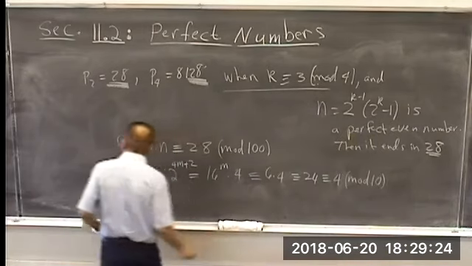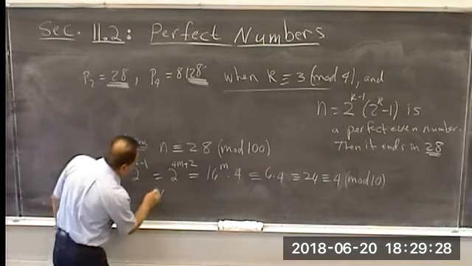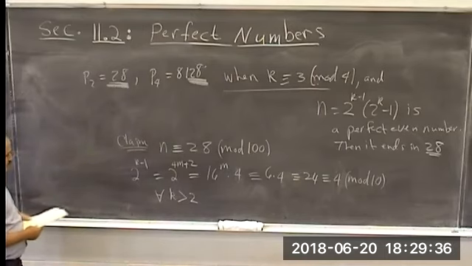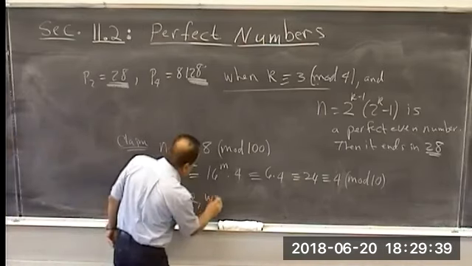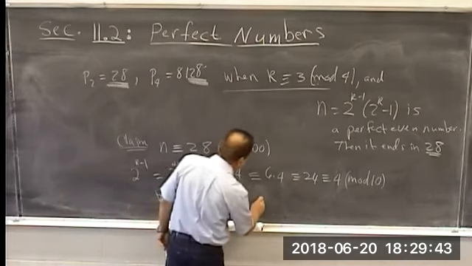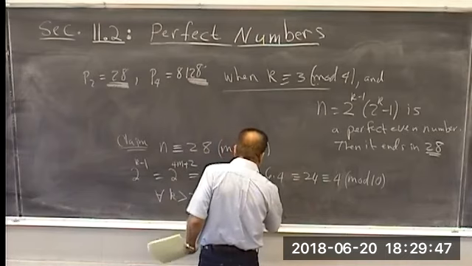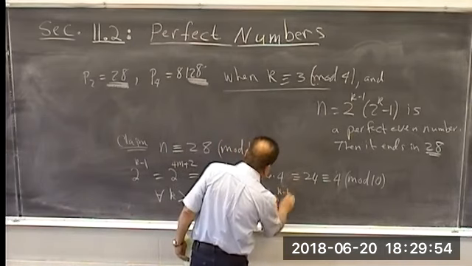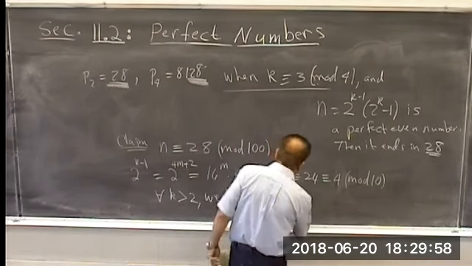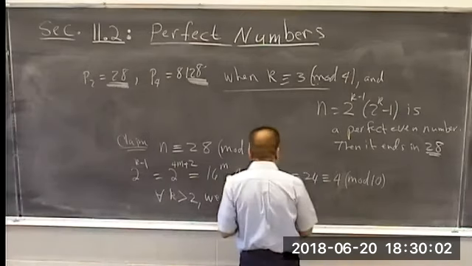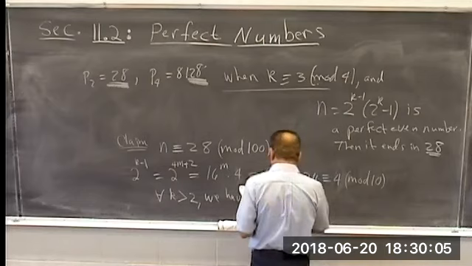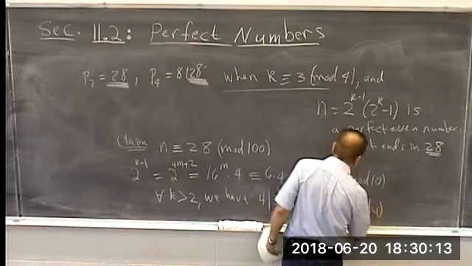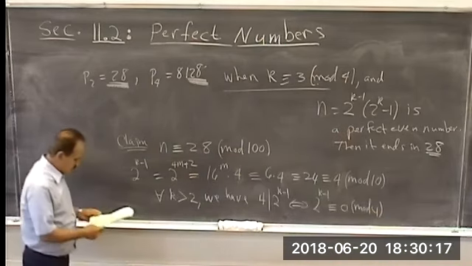All right? So we conclude out of this that for every k bigger than 2, we have that 4 divides 2 to the k minus 1, or equivalently, 2 to the k minus 1 is congruent to 0 mod 4.